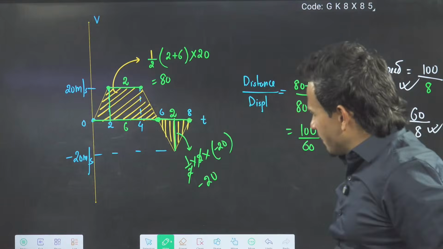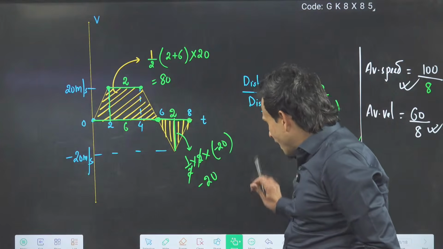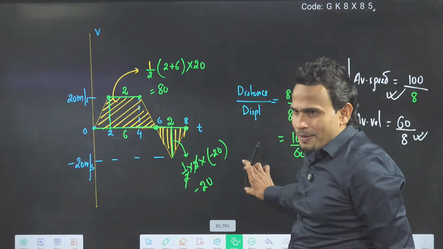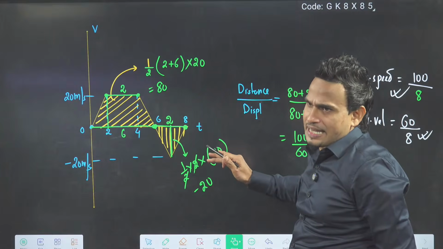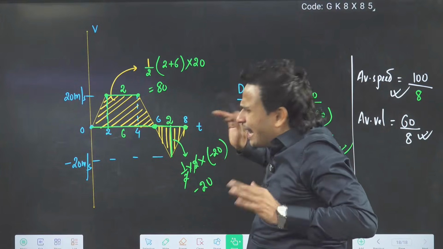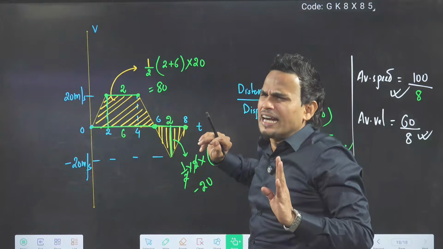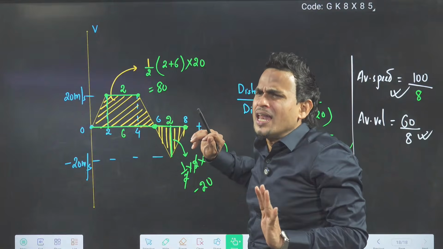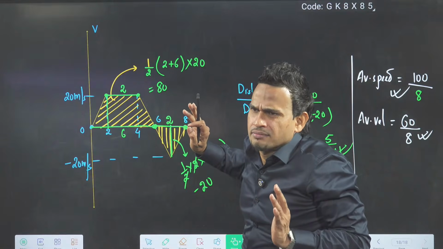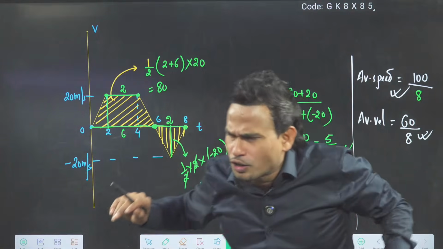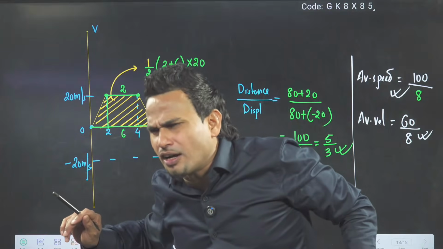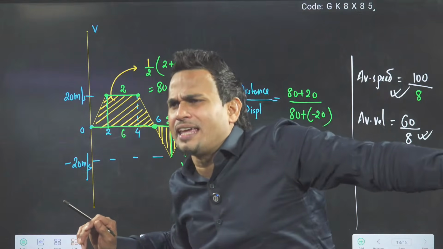Sometimes they play tricks in the exam, so you have to be careful. They will give you the entire graph, but they will ask you to find the displacement of the particle in 6 seconds. What happens? Students see the velocity time graph, they don't even read the question, and directly calculate area.